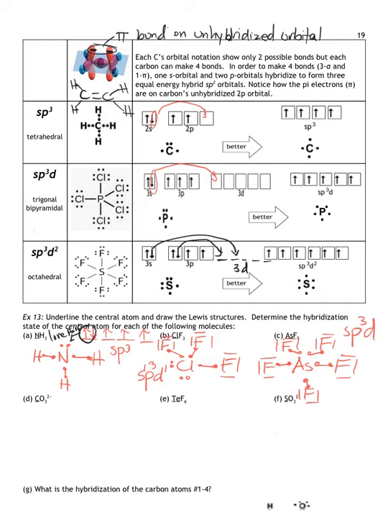Carbonate ion, same thing. Draw the Lewis structure. And I do recall that the carbonate ion has 2 added electrons to the structure, and it's probably going to go on the oxygens, okay?